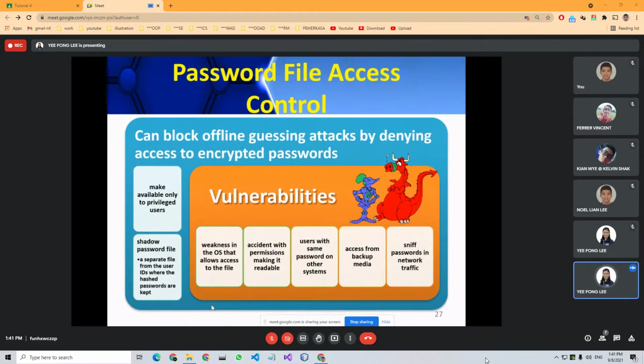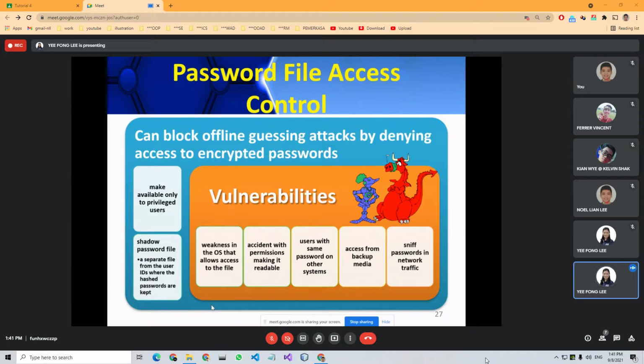Okay, a colorful diagram. Please take a look here. One way to avoid password attacks, of course, is to set our passwords properly and also deny opponent access.